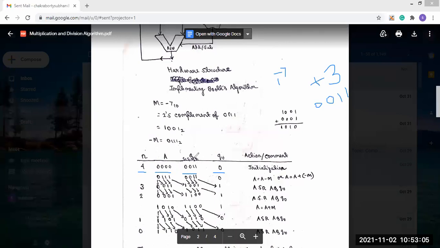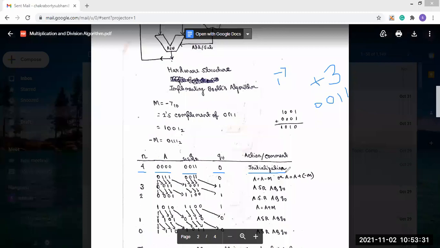If it is 5 bits, then Q will be Q1, Q2, Q3, Q4, Q5. But here we have 4 bits, so it is 0011. And what action are we performing the first time? We are performing initialization.